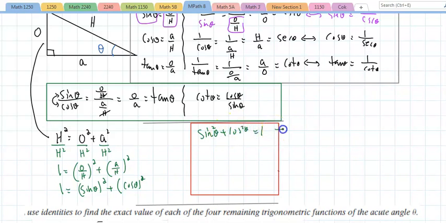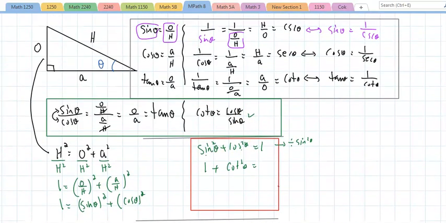If I divide this by sine squared of theta, sine squared over sine squared is 1. Cosine over sine is the cotangent, and 1 over sine, we agreed, was the cosecant. Sort of like saying sine squared of theta plus cosine squared of theta equals 1, divide each of those by sine squared, assuming that the sine does not equal 0.